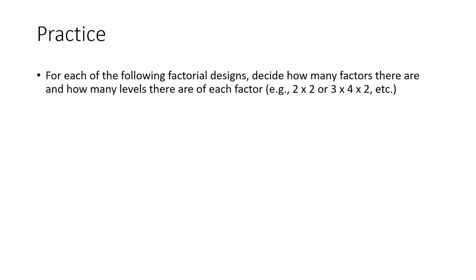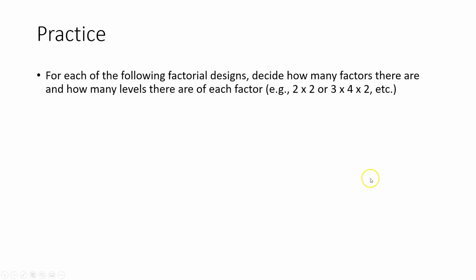All right. Here, we're wrapping up. We've just got a couple of practice problems. Before we end, I want you to look at each of the following factorial designs and decide how many factors there are and how many levels there are of each factor.